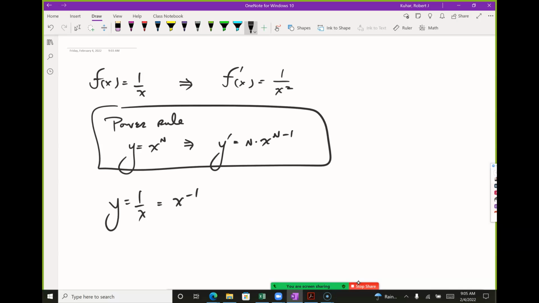Oh, I made a mistake, sorry. It's a negative 1 over x squared. So y prime is bring down the power, the negative 1 as a coefficient, and then reduce my power by 1. So that's negative 1 times x to the negative 2. And so there it is, negative 1 over x squared.